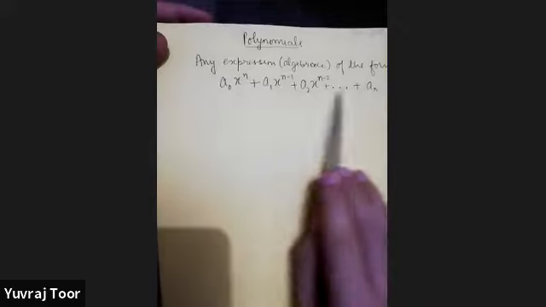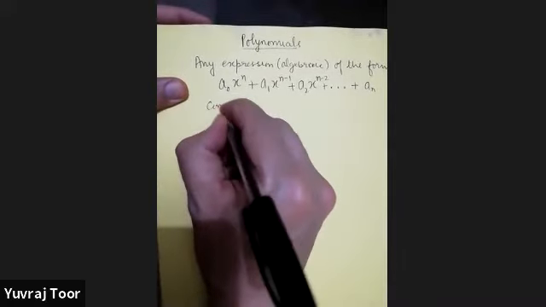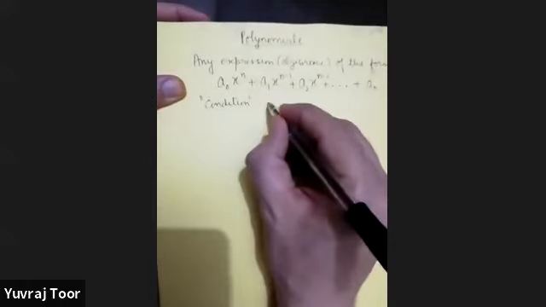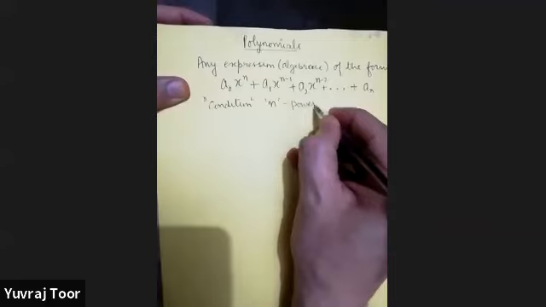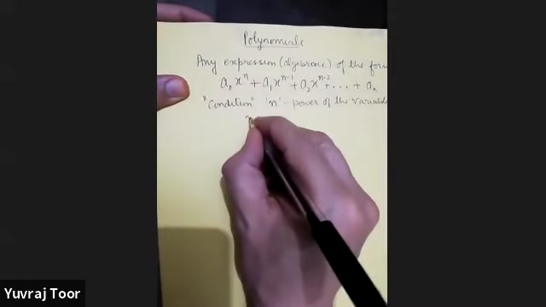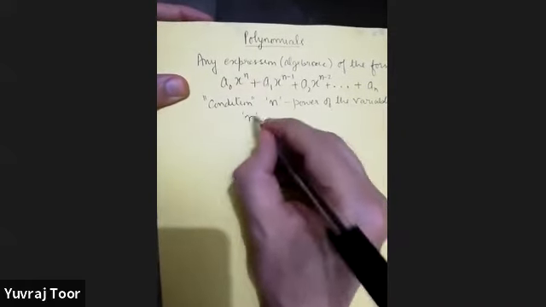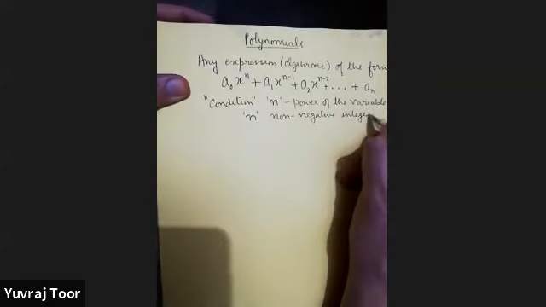So this composition will be considered of algebraic terms if there's a condition. So you have to follow this condition. Very importantly, n. What is n? It's a power of the variable. It must be non-negative integer.